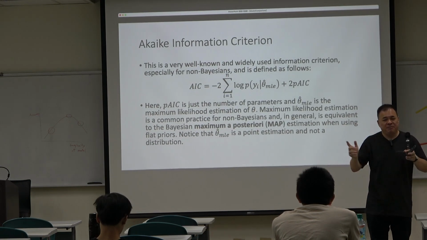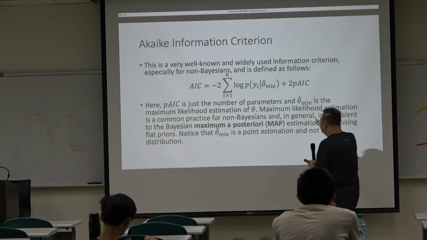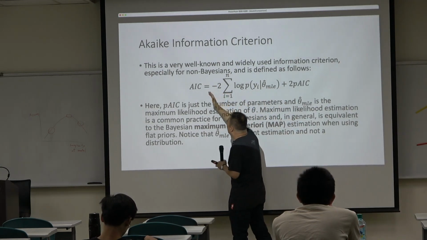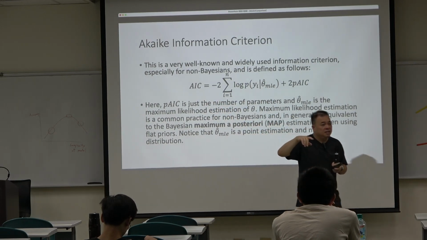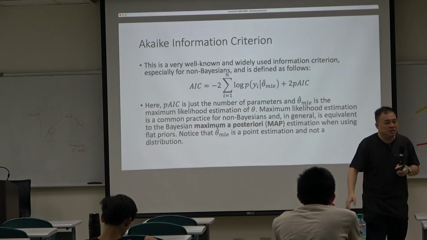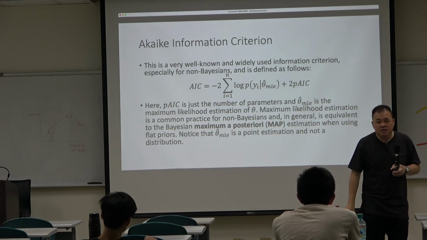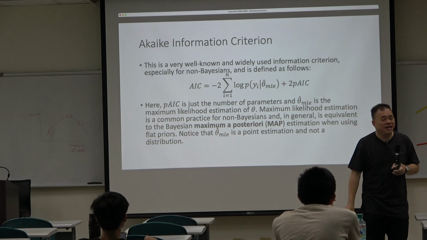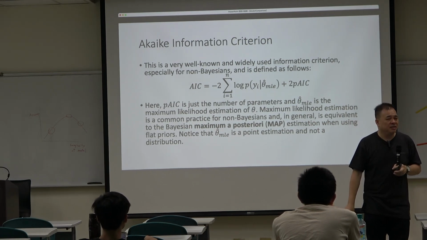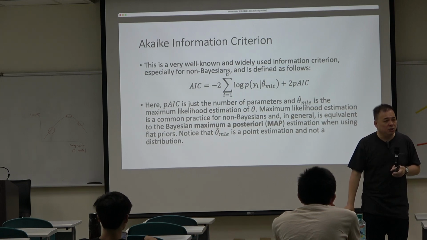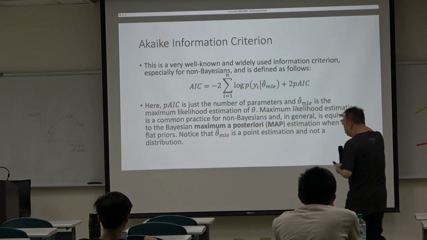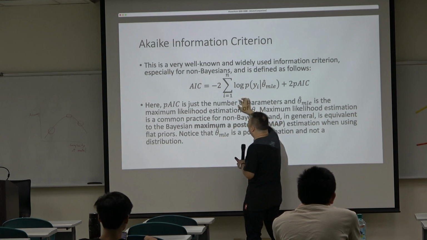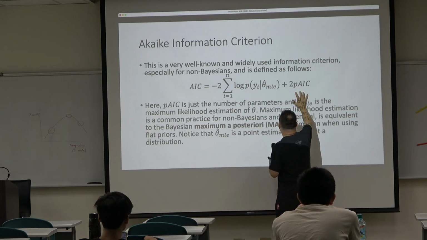Because this portion measures the in-sample accuracy, and I said the in-sample accuracy is normally too high, so it doesn't represent all of them. We want to measure all of them.